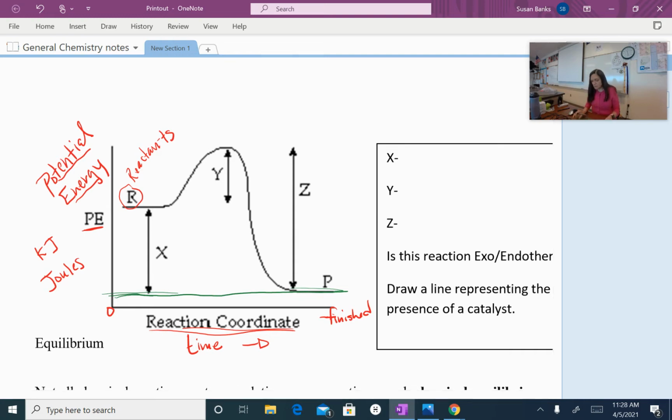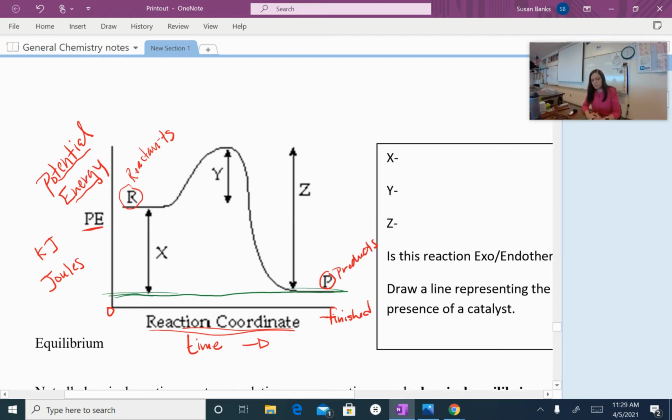Okay, so another thing that I really want to orient you to: the R stands for reactants. We've got a P here. This stands for products. Okay, so there's the orientation I want to show you and tell you what some of these lines mean when we're talking about these reaction diagrams.